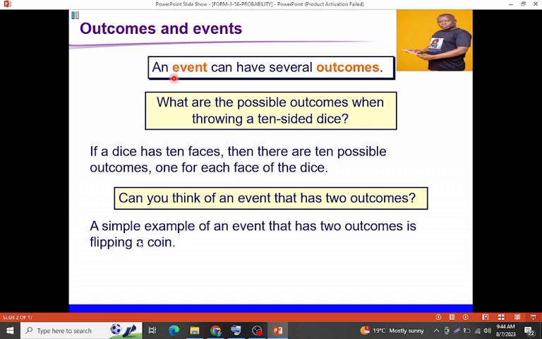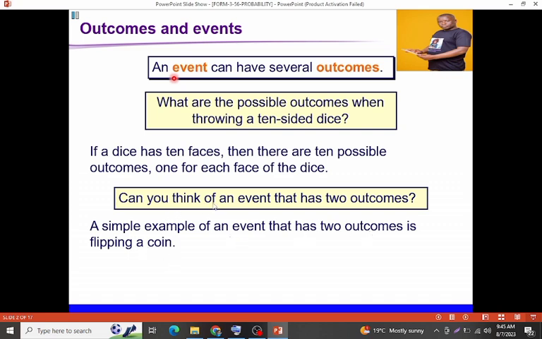So flipping a coin is an event, while the side showing, heads or tails, is an outcome. So a coin has 2 faces, therefore each face represents an outcome.